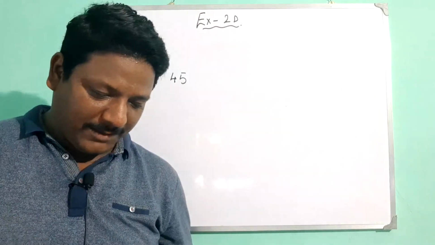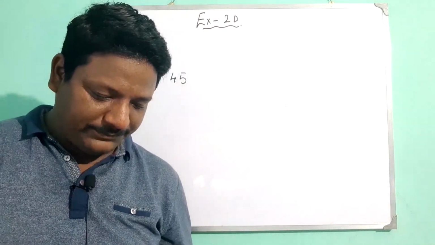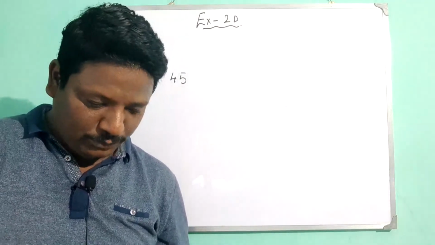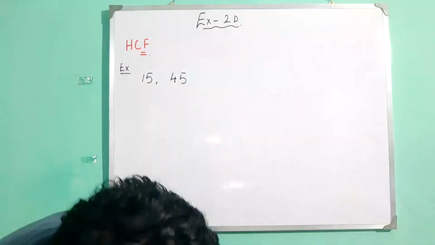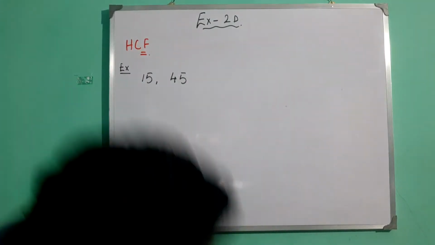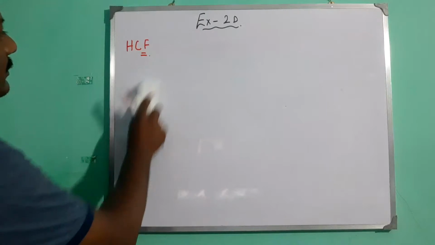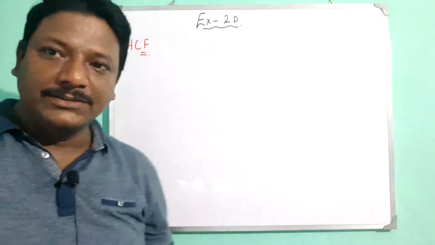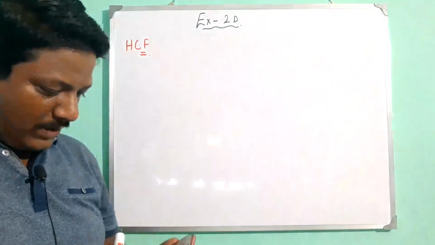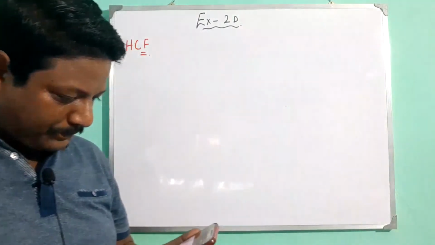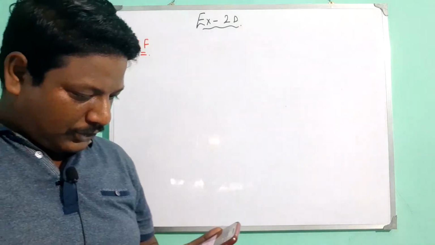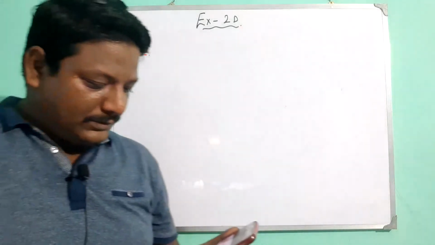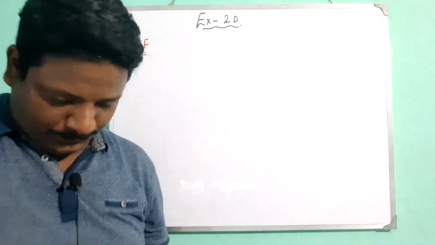Okay, come on. So here I will start directly the exercise 2D, because I have already explained the explanation part. Okay, so let me once again explain question number 4.